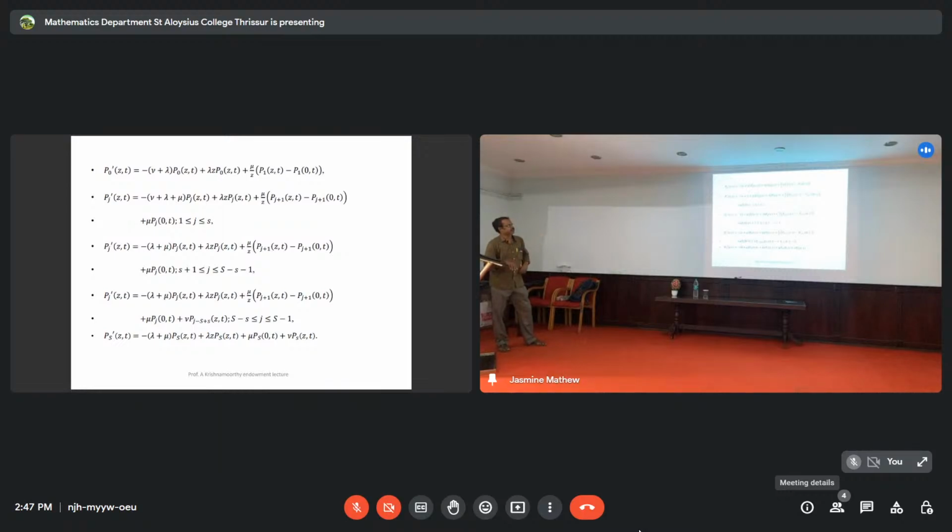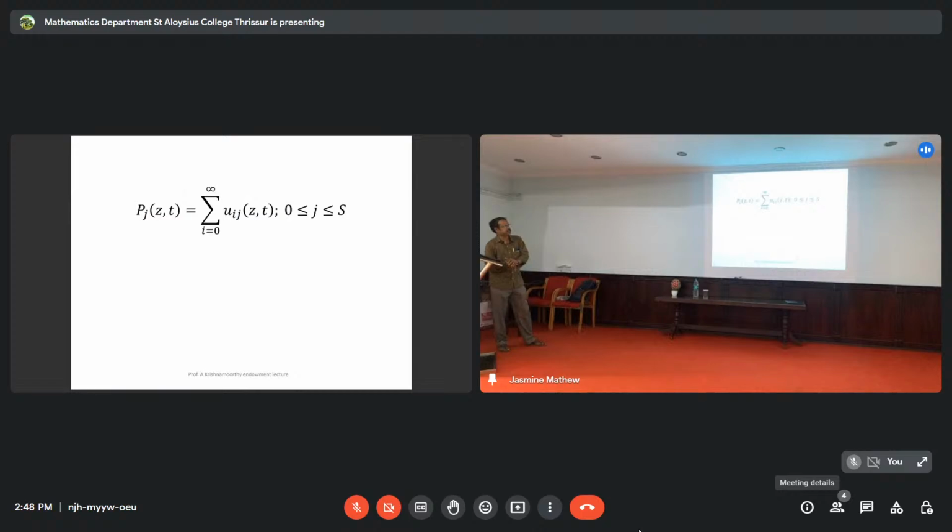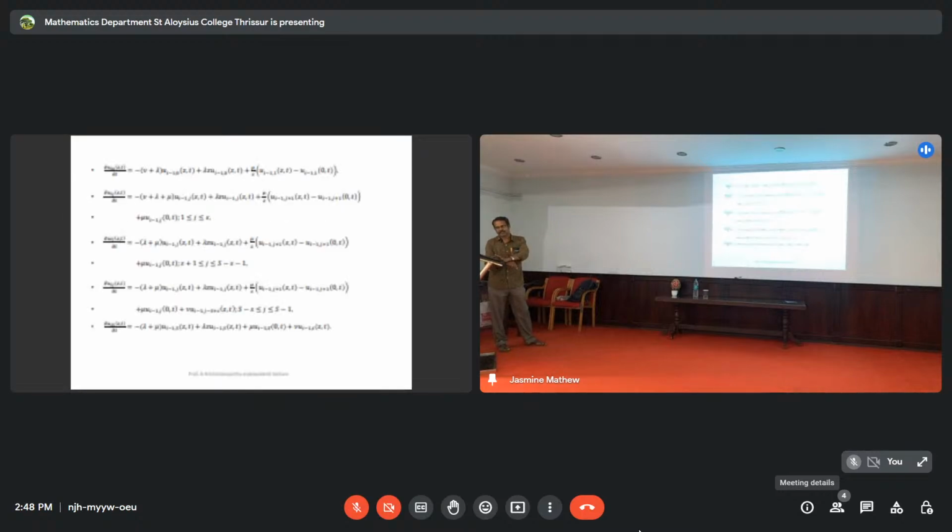So this is the system of differential equations that is satisfied by the generating functions. And we define the homotopies Pj z,t as summation I equal to 0 to infinity Qi Pij z,t. Repeating the procedure in the previous problem and comparing the coefficients of q on both sides, that gives the set of differential equations in this form, which can be iteratively solved to obtain a semi-analytic solution.